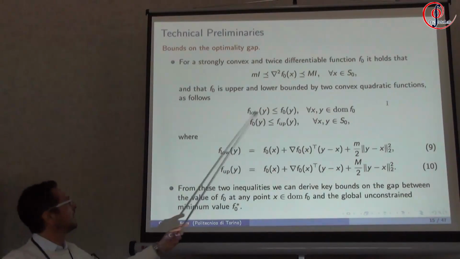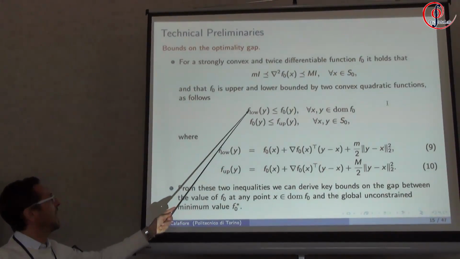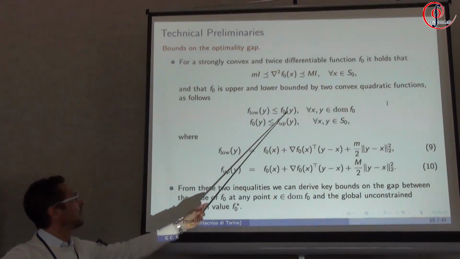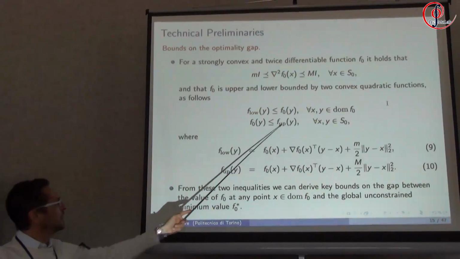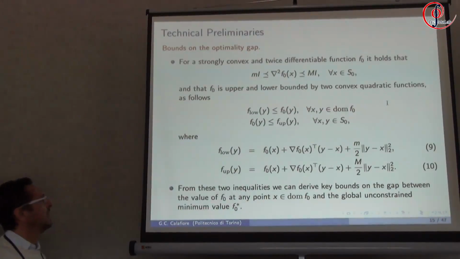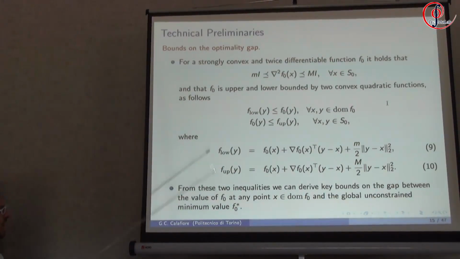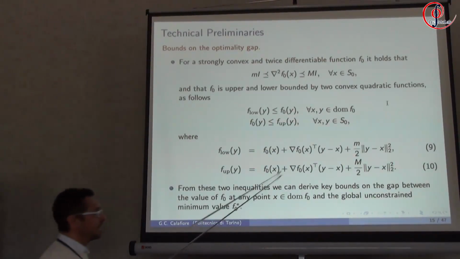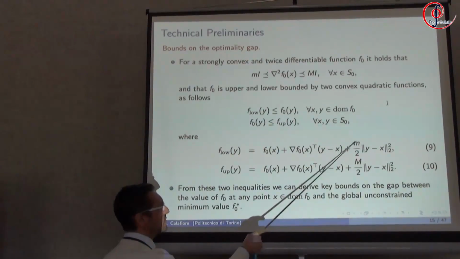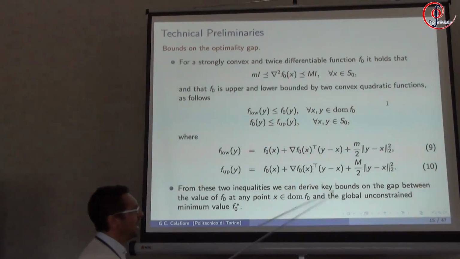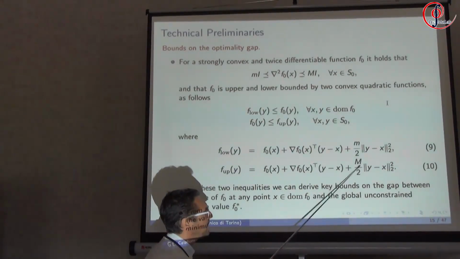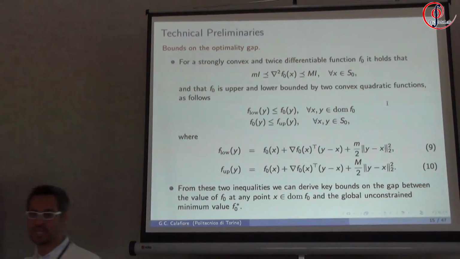There is some quadratic function f low, which is less than or equal to f0, and another quadratic function f up, which is greater than or equal to f0, and these two functions depend on m, the strong convexity constant, and capital M, which is the Lipschitz constant of the gradient of the function.